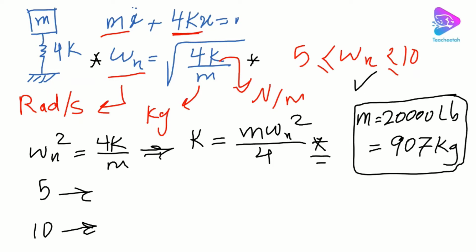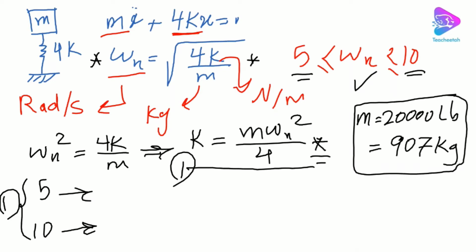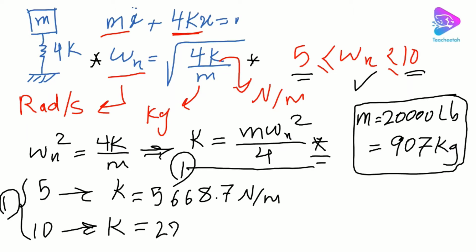So using 5 as the lower bound of natural frequency and 10 as the upper bound in this formula, so I'm going to use formula 1. With 5 and 10 in formula 1, we can calculate K as 5,668.7 Newton per meter and K as 22,675 Newton per meter.